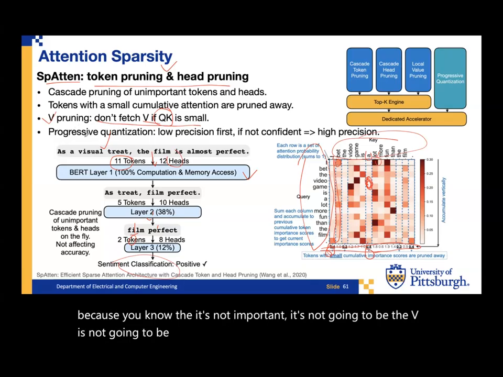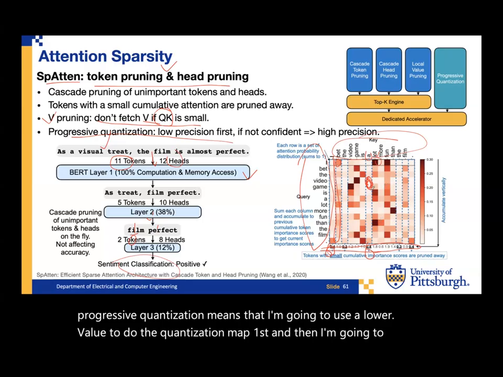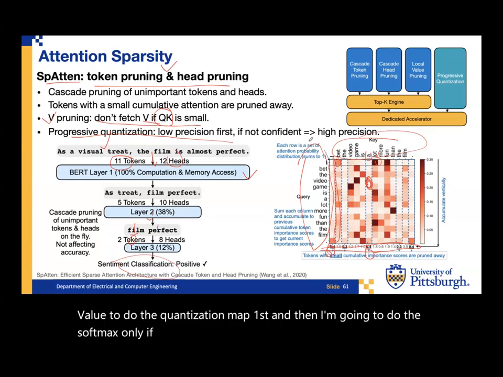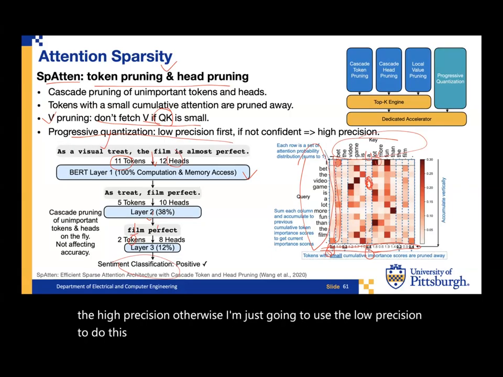Also, progressive quantization means that I'm going to use a lower precision value to do the attention map first. And then I'm going to do the softmax. Only if the softmax is not confident, then I'm going to fetch the high precision. Otherwise, I'm just going to use the low precision to do this attention map and softmax and all that.